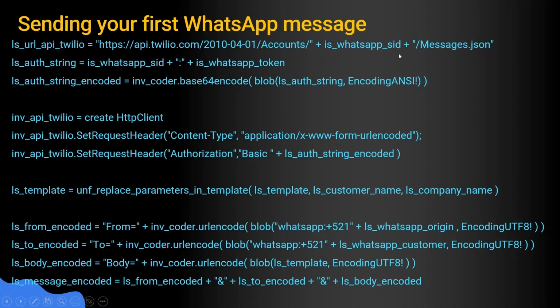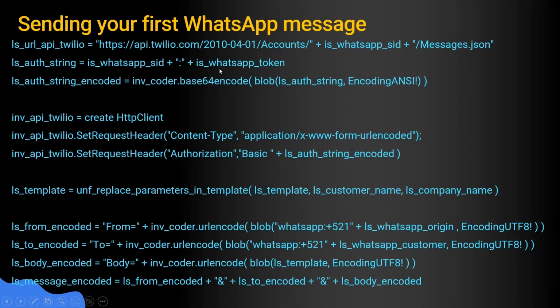The WhatsApp ID, you can go into the Twilio account, and they provide this number for you. Okay, this is the URL for the API, and then you need the authorization string. The authorization string is going to be the WhatsApp ID plus colon plus the WhatsApp token. This token, you can get also in your Twilio account.